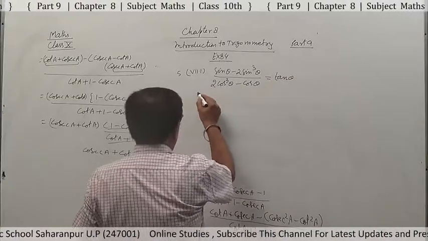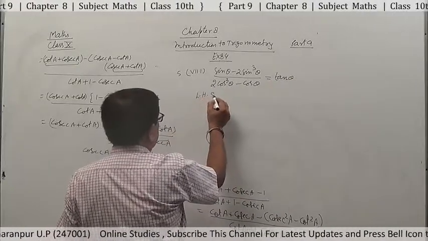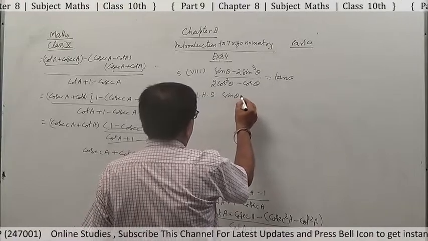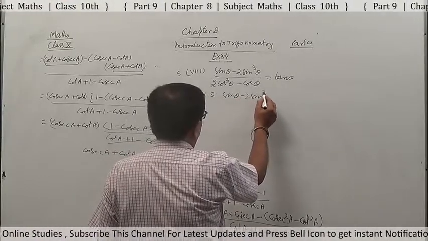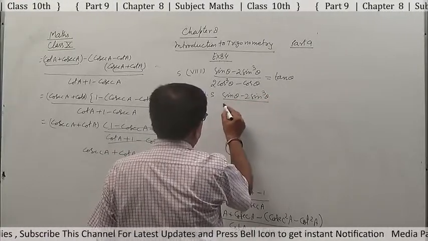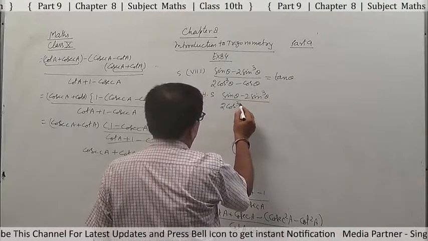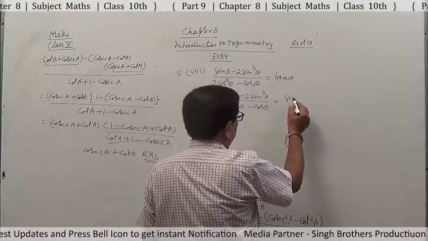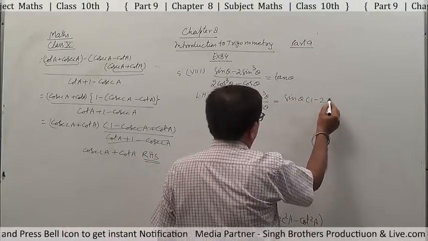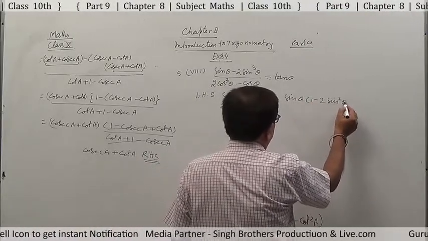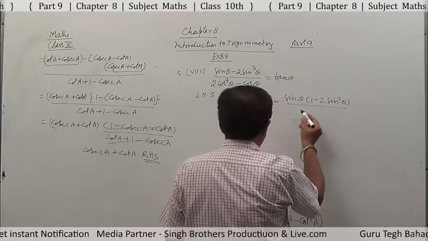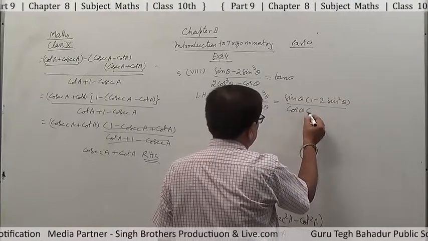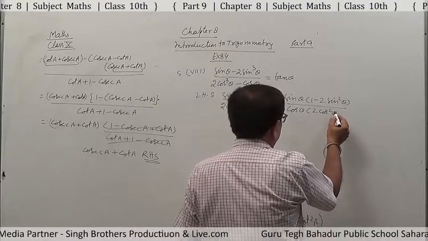So left hand side: sin theta minus 2 sin power 3 theta upon 2 cos cube theta minus cos theta. Taking sin theta common, 1 minus 2 sin square theta. Taking cos theta common, 2 cos square theta minus 1.